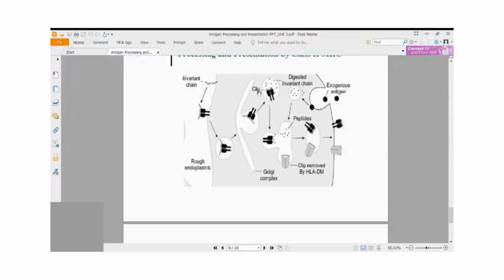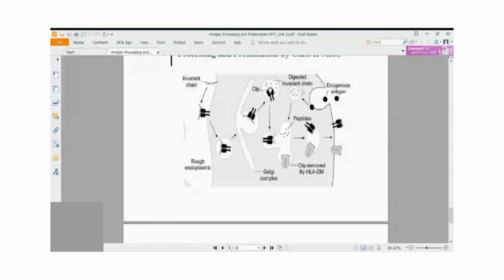CLIP can be expanded as class 2 associated invariant chain protein. The invariant chain protein is trimmed, and the trimmed protein remains bound as CLIP protein.